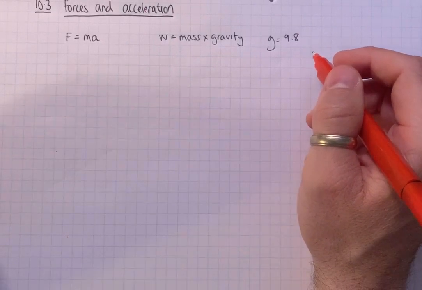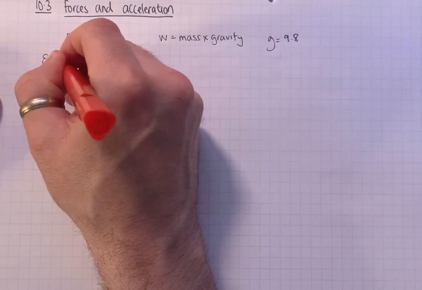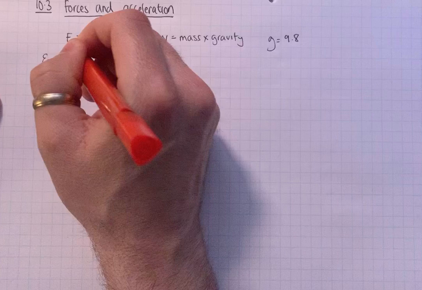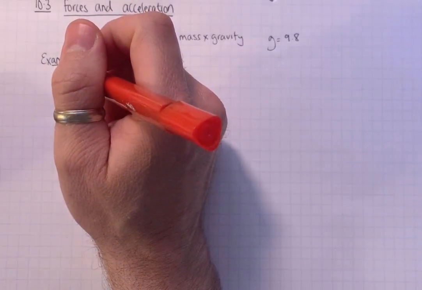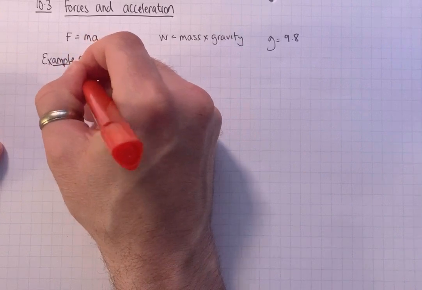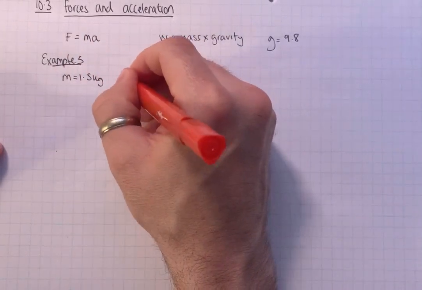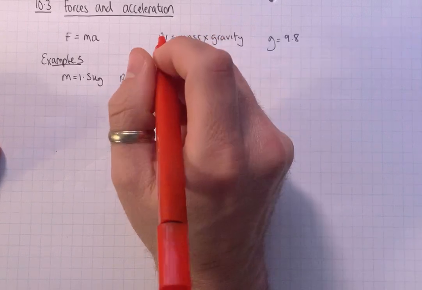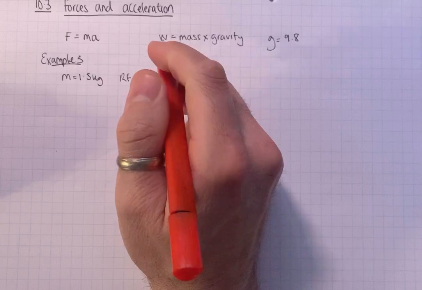So let's just get example 5. It says find the acceleration of a particle of mass 1.5 kilograms acting on a resultant force of 6 newtons. So we're using standard units there, kilograms and newtons.